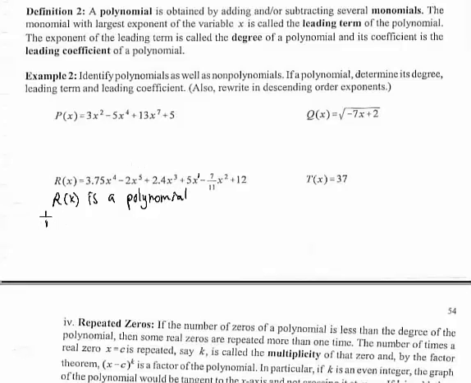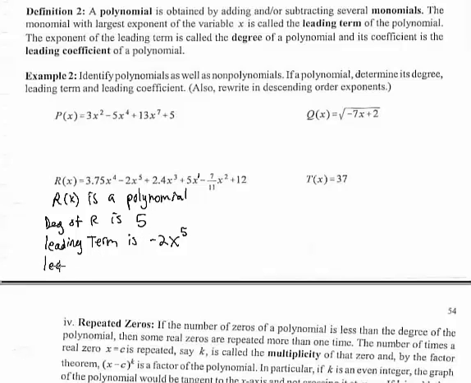What is the degree? Degree of r is, we simply seek out the highest exponent, and that is 5. Polynomial of degree 5. The leading term is the term that had the exponent of 5, so that would be minus 2x to the 5th.